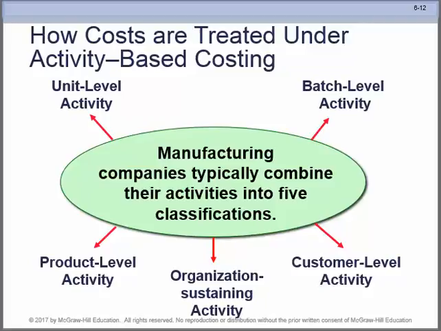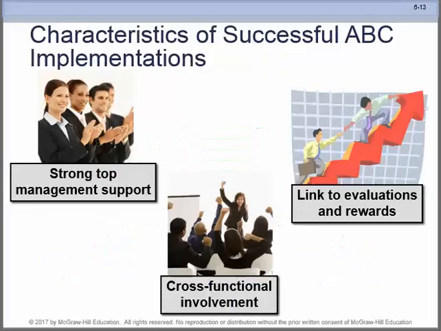So let's look at designing an ABC system. The characteristics of successful ABC implementation. Well, the first thing is you've got to have strong top management support. This is going to involve a change, and without strong top management support, you may have people that resist the change. Top managers should ensure that ABC data are linked to how people are evaluated and rewarded. And this is where cost drivers really come in.